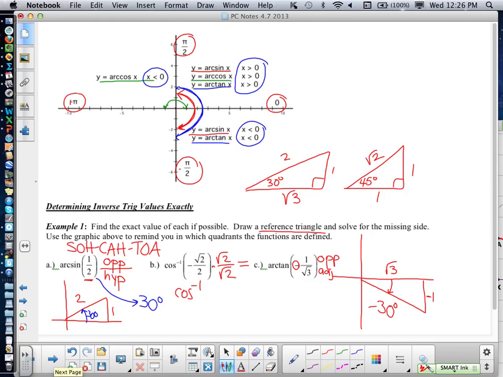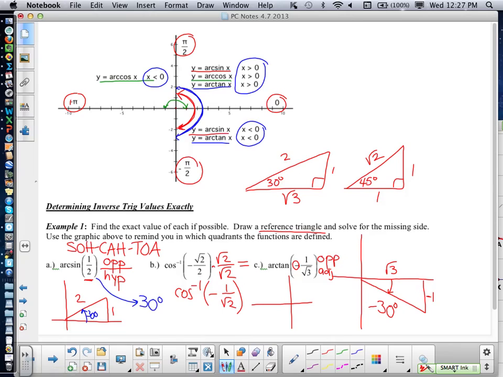Now we have arc cosine of negative. This is going to simplify to 1 over √2, and then we can just draw the reference triangle for that. Remembering that when the trig ratio with cosine is negative, we draw our triangle in the second quadrant. This is where you need to use this chart.